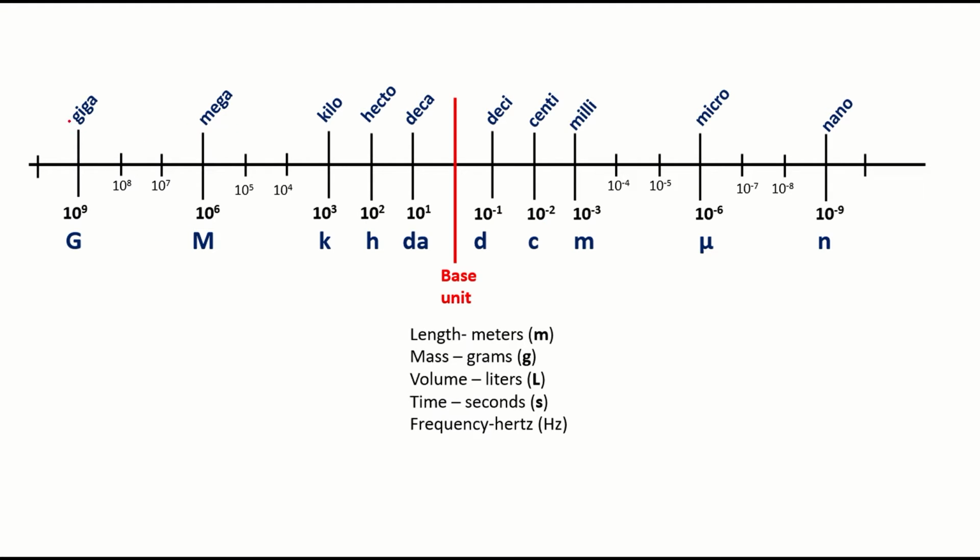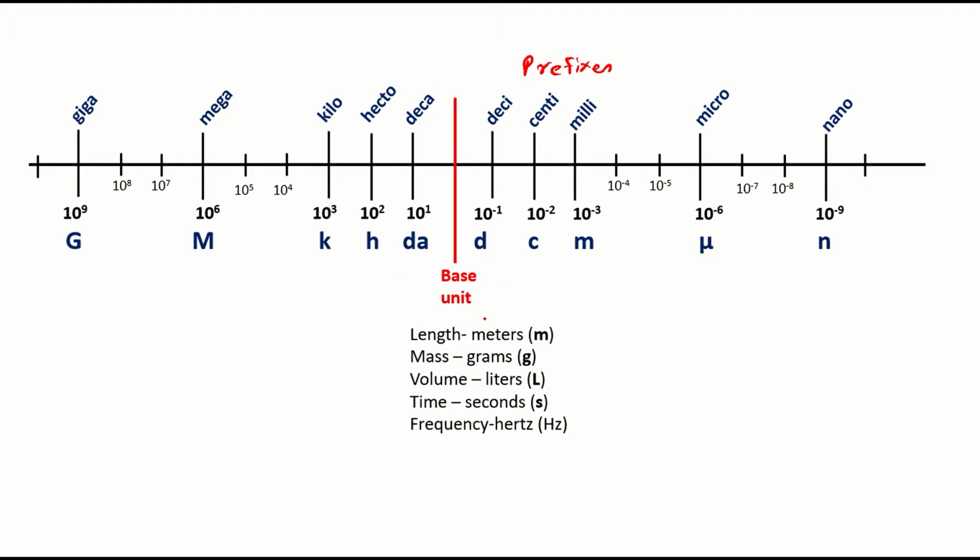So all these prefixes you see here, giga, mega, kilo, hecto, deci, centi, they are all prefixes. So you can combine any of these base units with any of the prefixes.